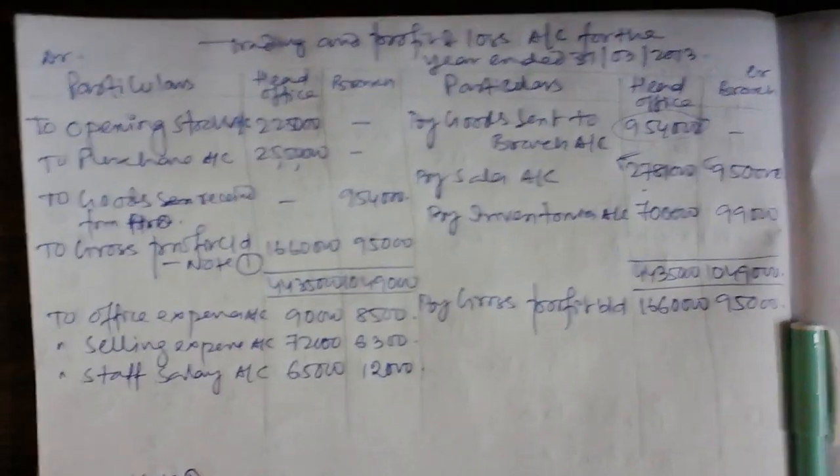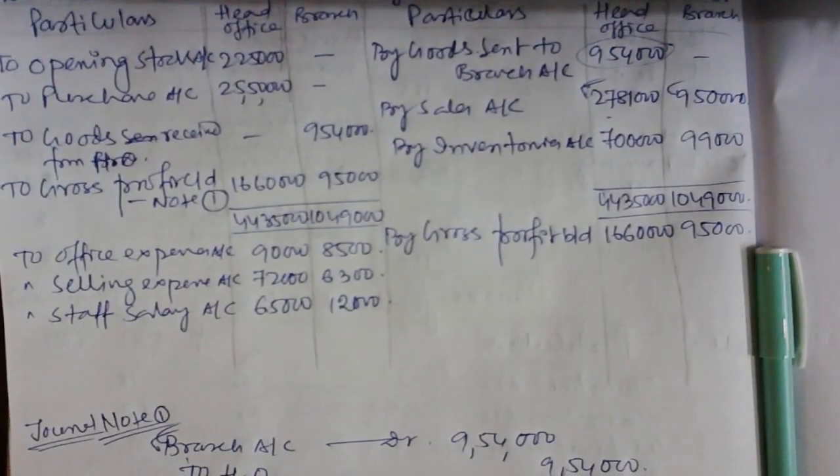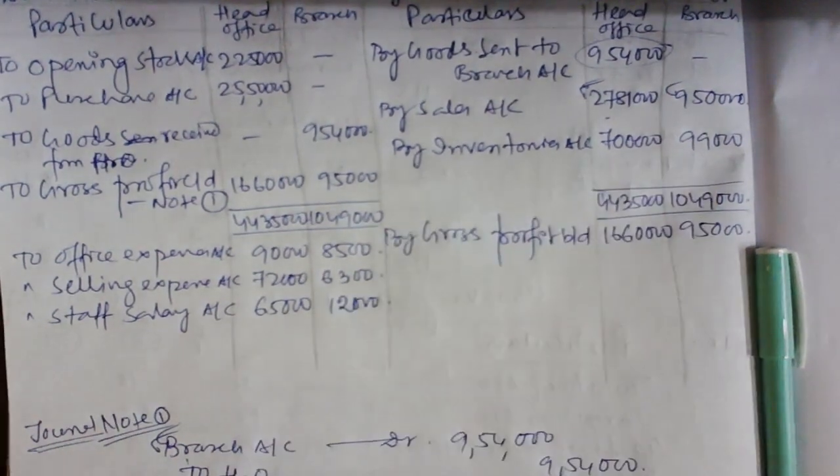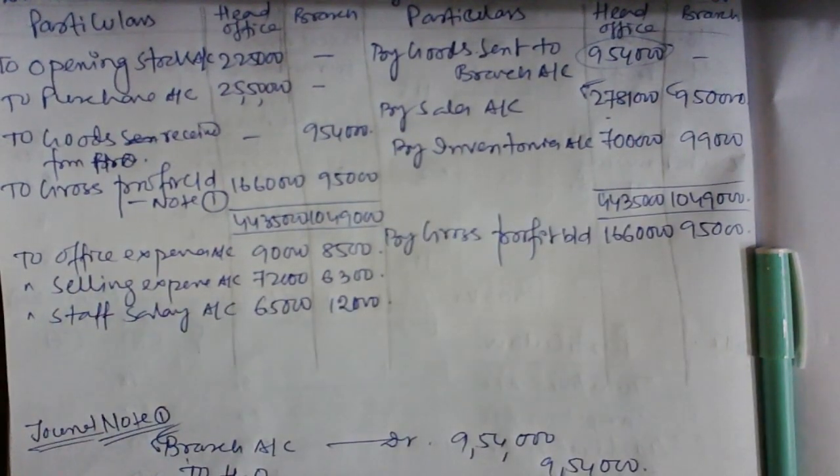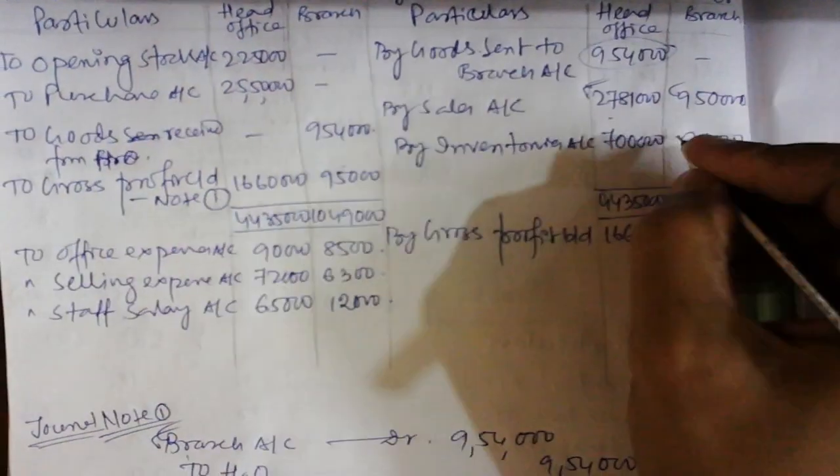Now if we are going to calculate this, first, the amount of goods remaining in the hands of the branch includes certain profit. So can I say that whatever the inventory or closing stock remains in the hands of the branch is inclusive of the profit? Definitely this is inclusive of the profit.